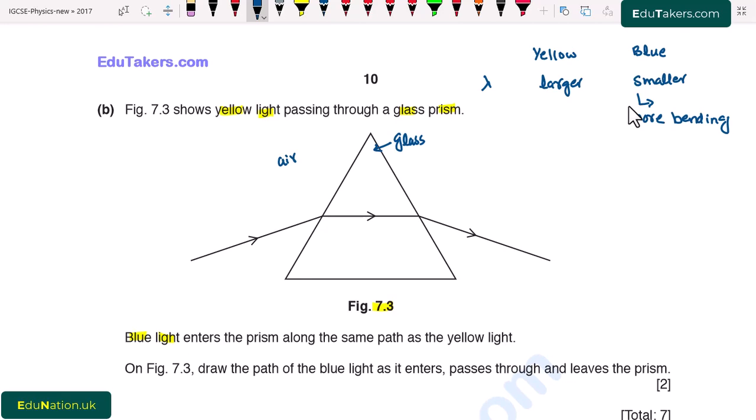So the ray will bend towards the normal. I write here, when a ray enters from a rarer to a denser medium, it bends towards the normal.